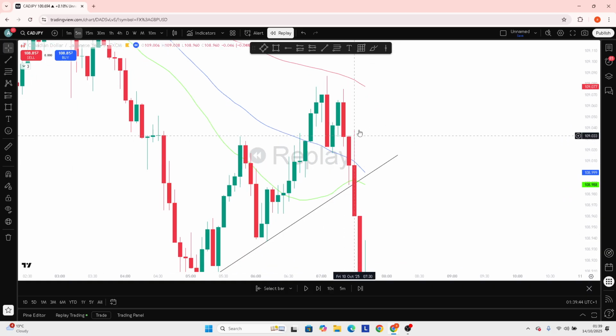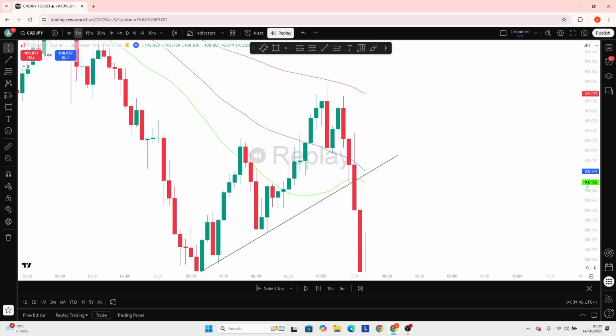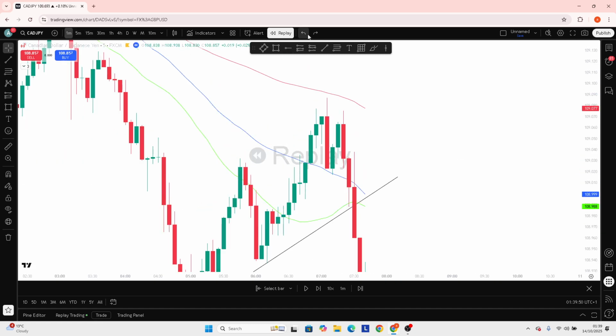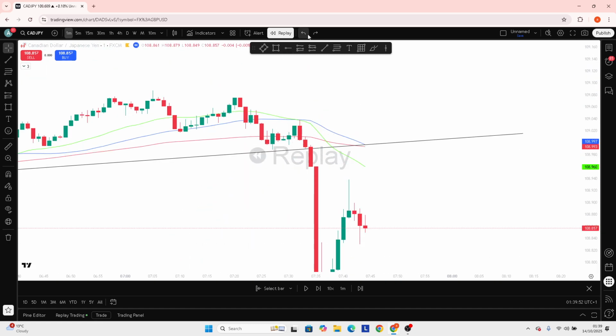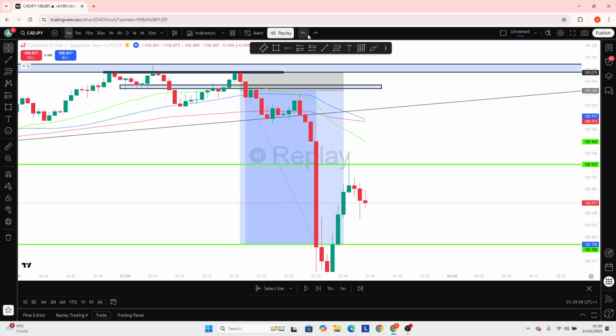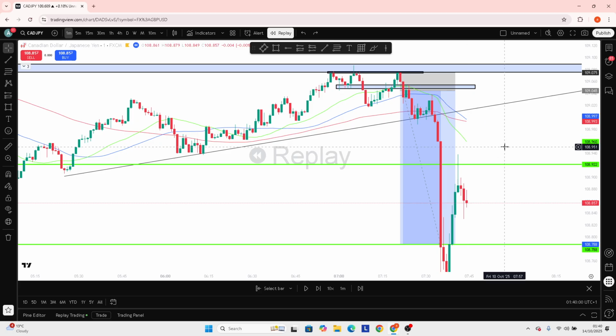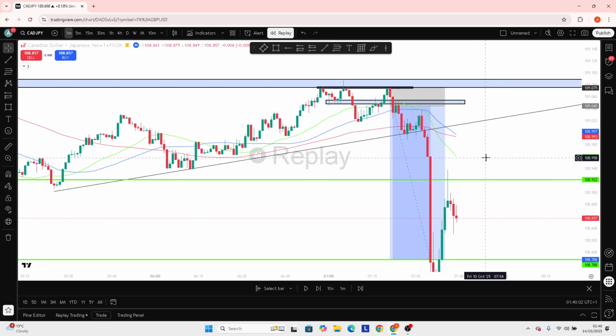My entries would be down here, stop loss here, and it would have been like a 3 to 1. But you can see when I was using ICC, I'd be bagging an 8 to 1 risk reward ratio. Imagine that, almost a 9 to 1.